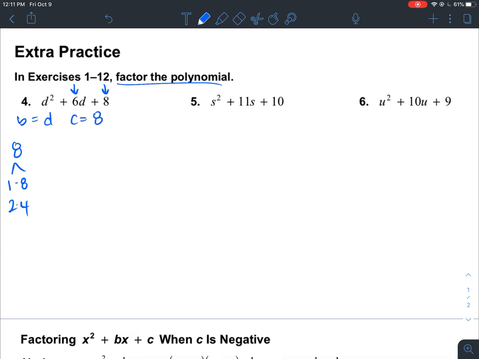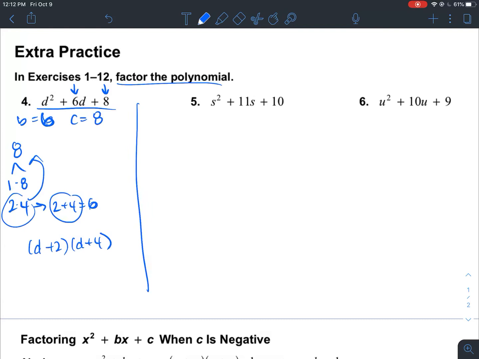Now, we know that these pairs of numbers multiply to be what c is, but do any of them add to be 6, which is what b is? And that would be this pair right here. So 2 plus 4 is equal to 6. So while 2 times 4 is equal to 8, 2 plus 4 is equal to 6. So then the factors are d plus 2 and d plus 4. Okay? So we just rewrote this in factored form.